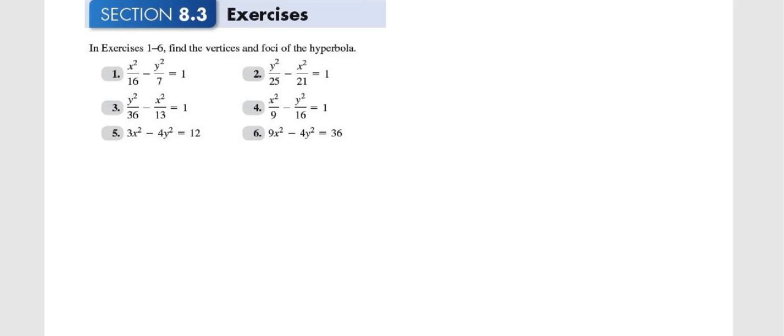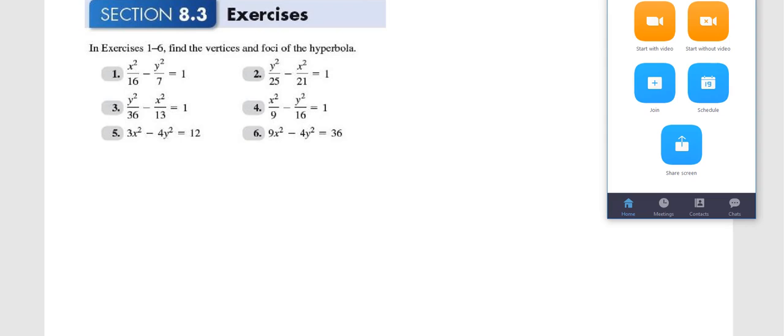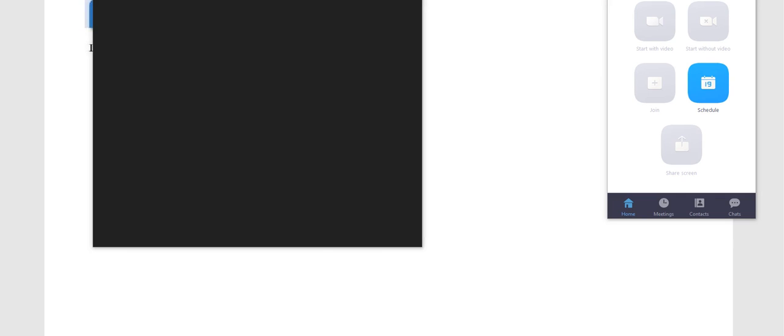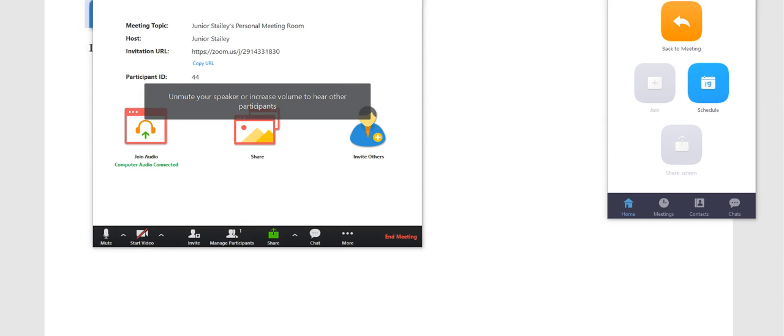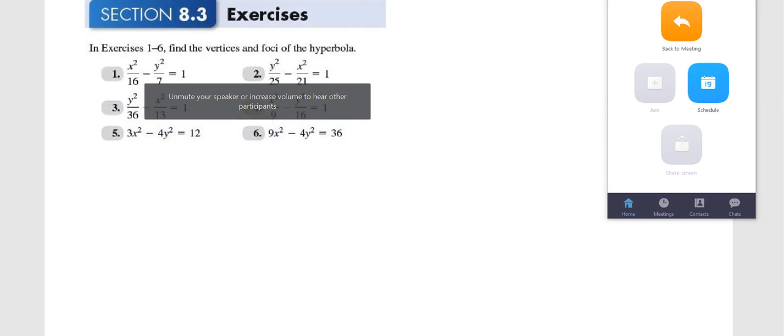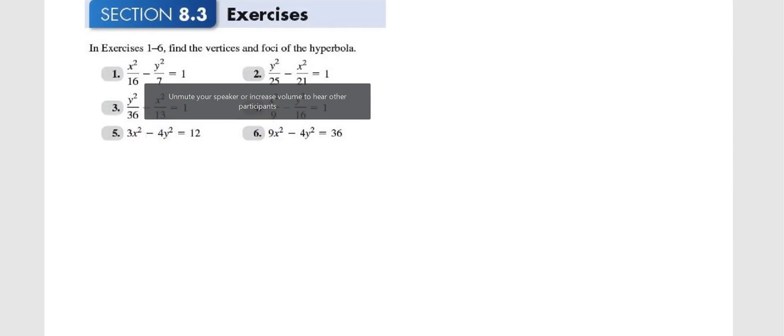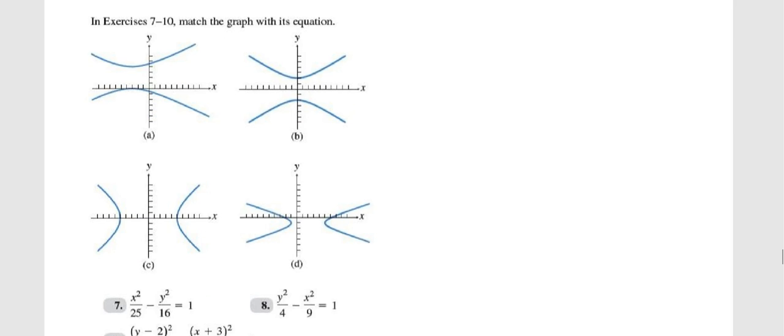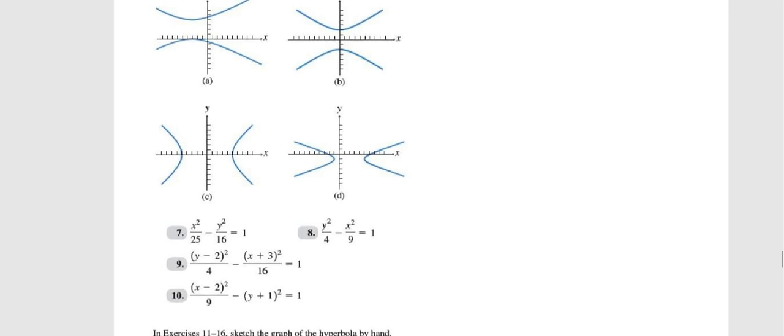Let me get my writing tools. Anything? What do you got? For number 10, just by elimination, I got this graph, but I don't understand why.